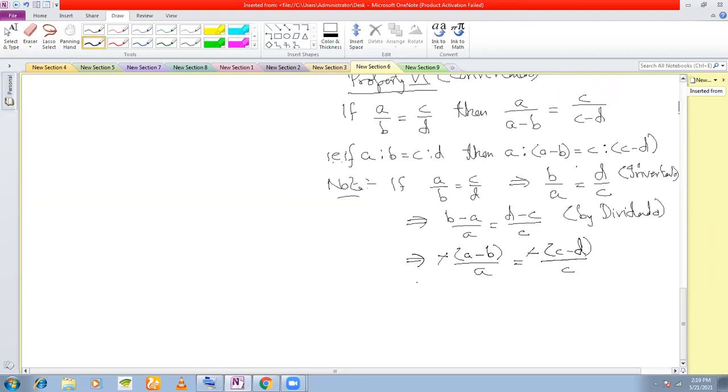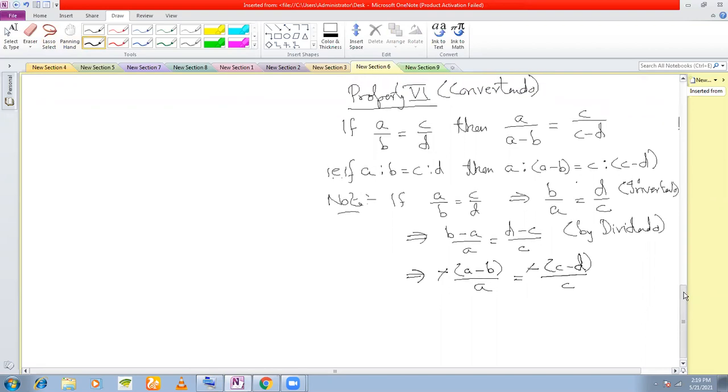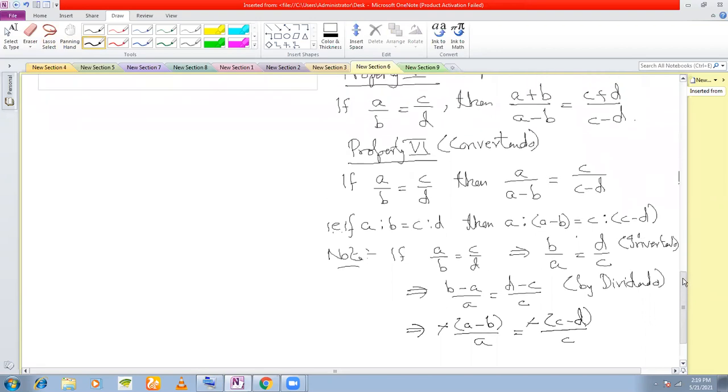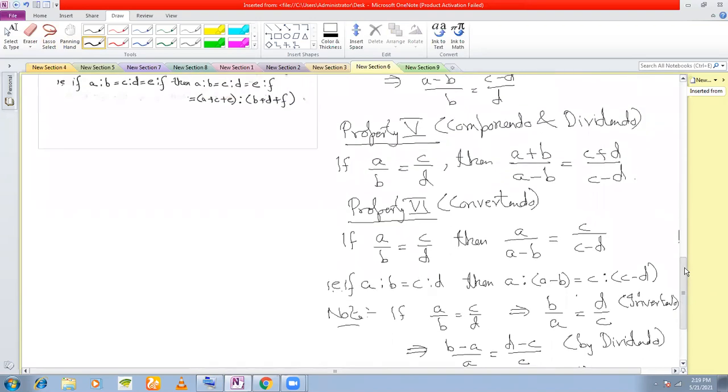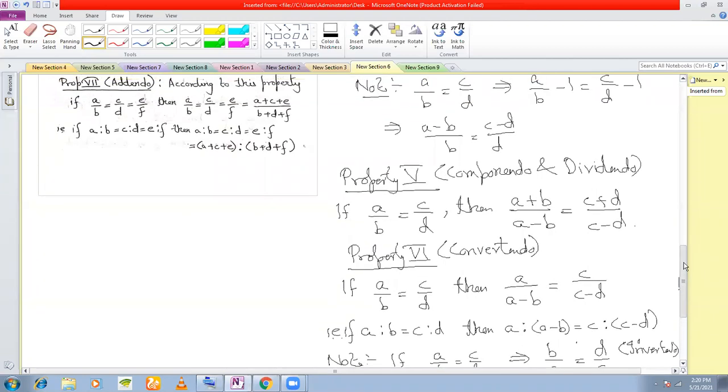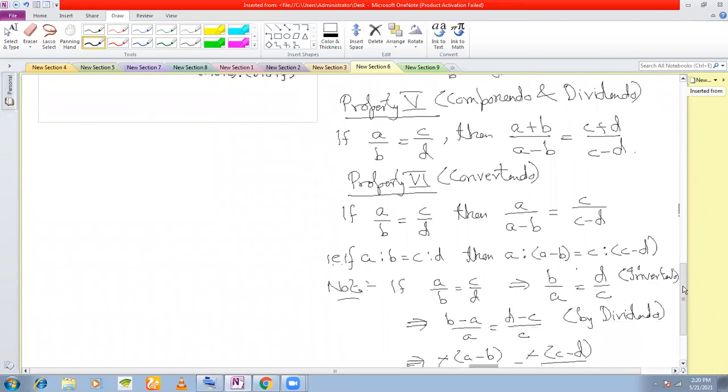So that minus sign will cancel from both sides and you'll get convertendo. So we get convertendo from dividendo. Not too important, but later on you may use it; for class 10 I have not seen any problem based on convertendo.